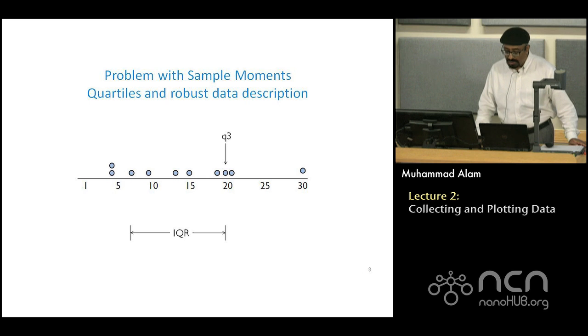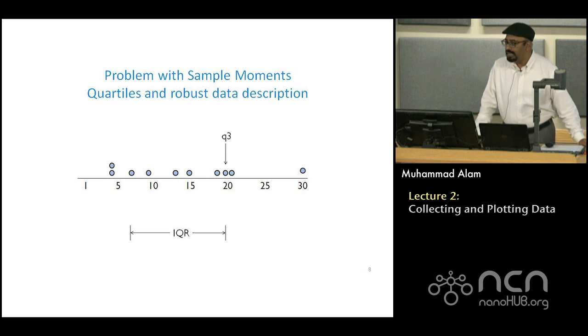You can take this 30 and make it 95, and the median will not care. On the other hand, if you did averaging, one error will mess up everything. So median is much more resistant to this type of error.